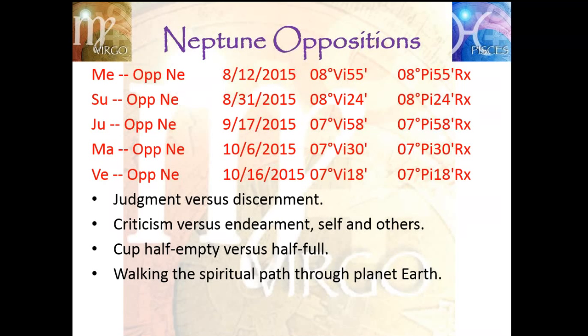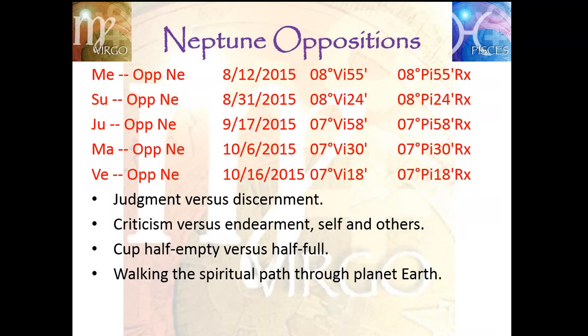So keywords, judgment versus discernment. Criticism versus endearment or self-love with ourself and others. The cup half empty or the cup half full. Walking the spiritual path through planet Earth, on planet Earth, with planet Earth.